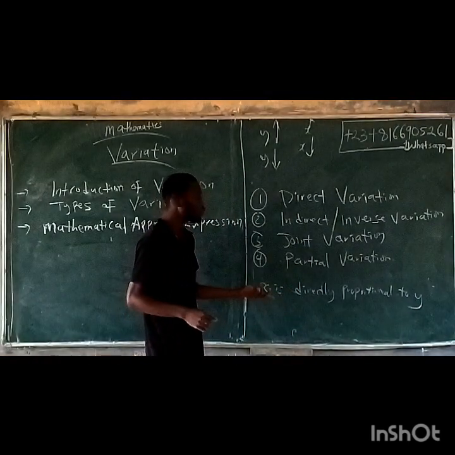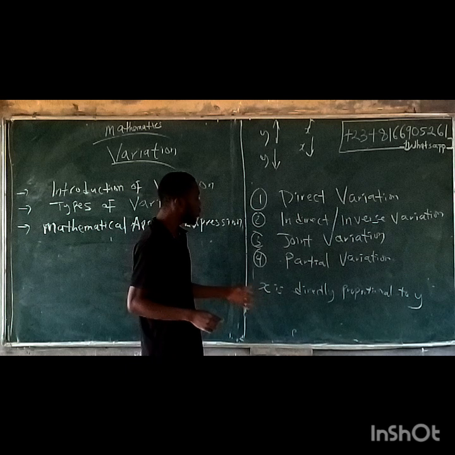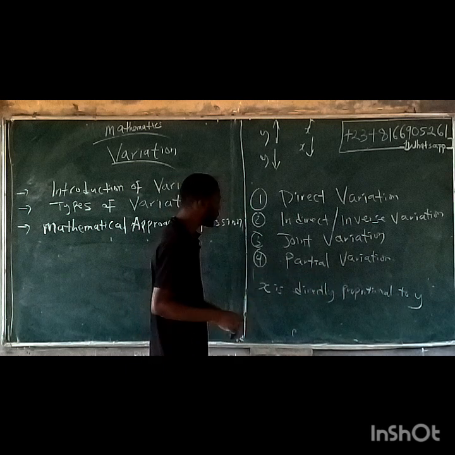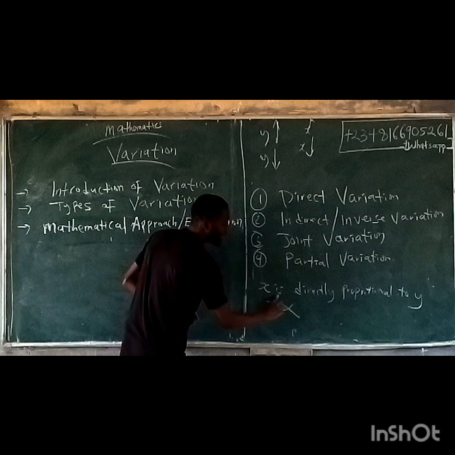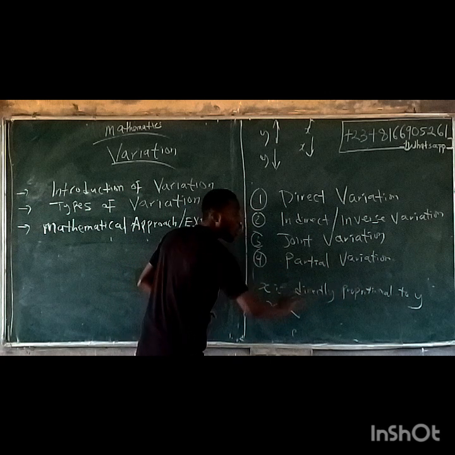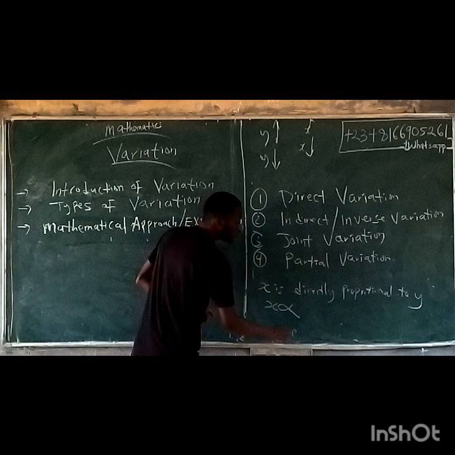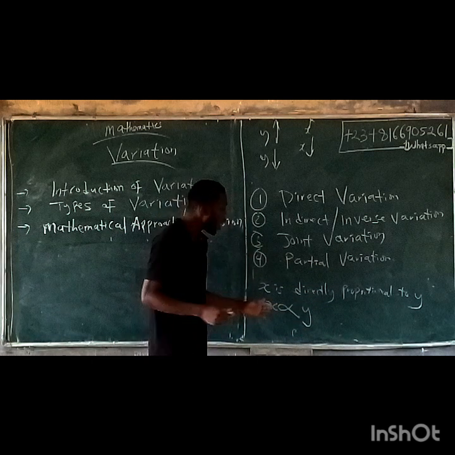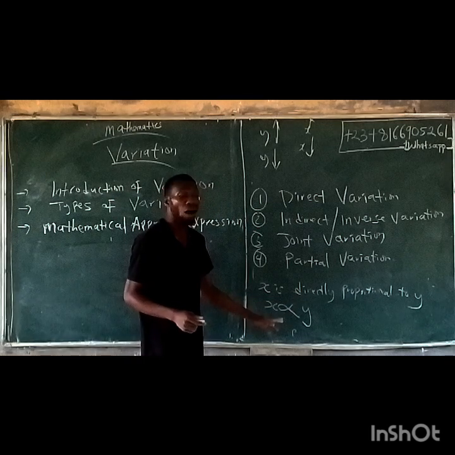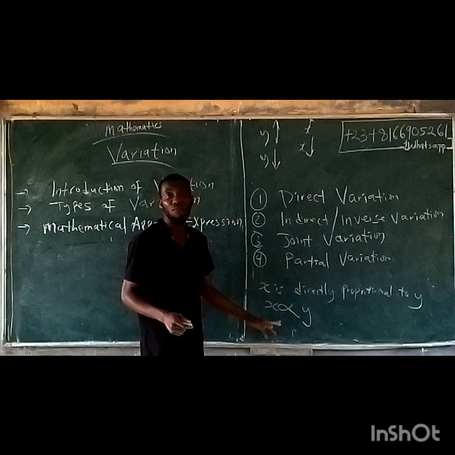Now, how do I approach this in terms of mathematical expression? This is a word problem. So the interpretation of this is that x varies directly, that is, is directly proportional to y. This is the sign of variation.